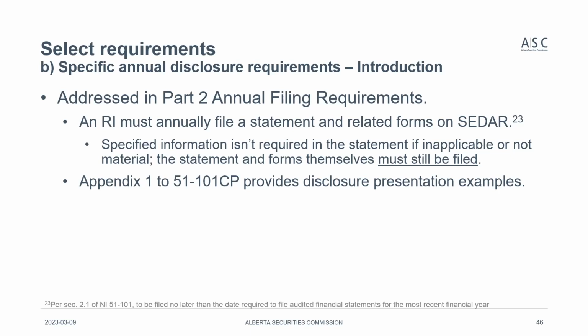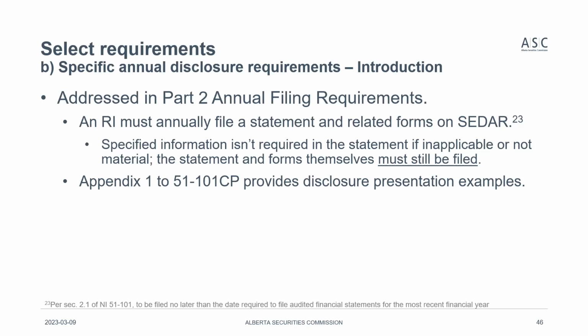and a reporting issuer must annually file a statement and related forms on CDAR. We introduced that concept earlier today. I also introduced that specified information isn't required in the statement if it's not applicable or not material, but the statement and forms themselves must still be filed.